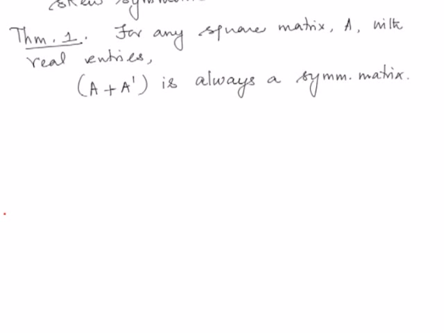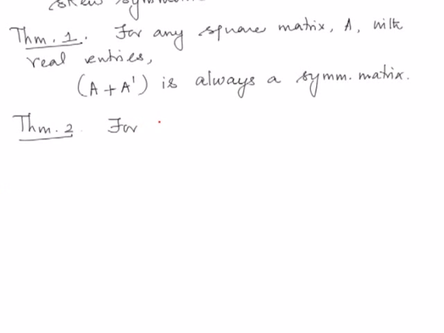For any square matrix A with real number as entries, A plus A dash is always a symmetric matrix. And the second theorem goes this way.